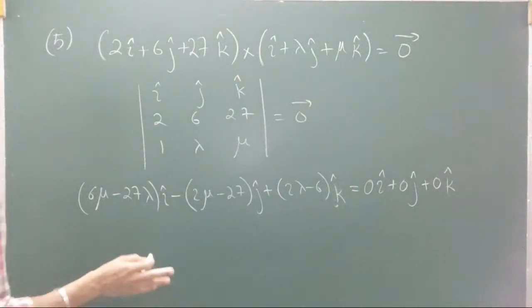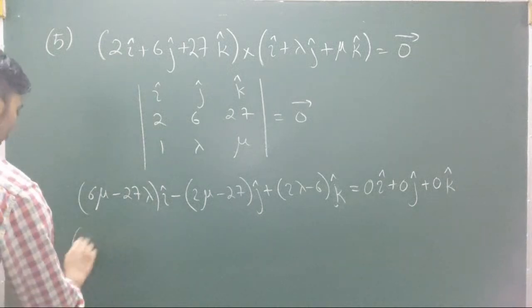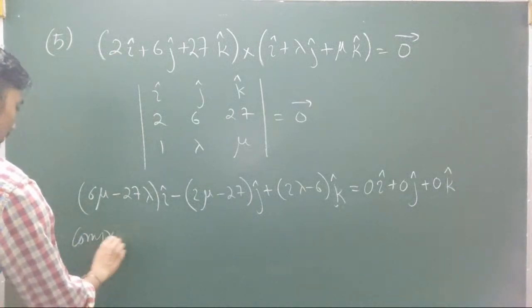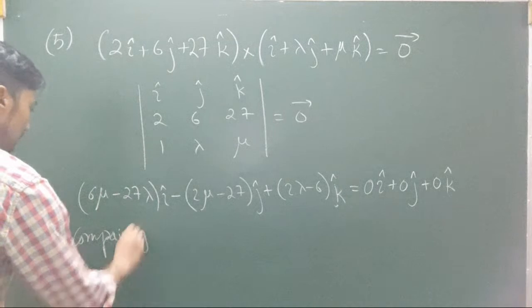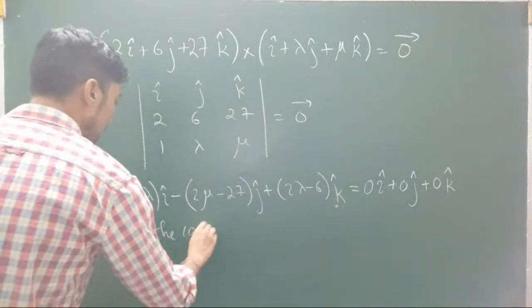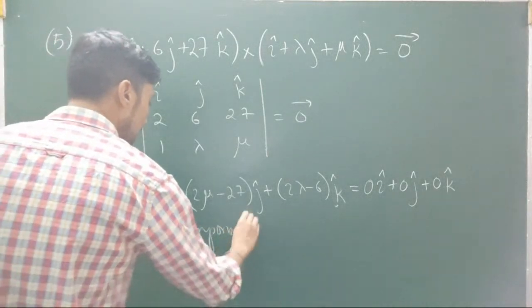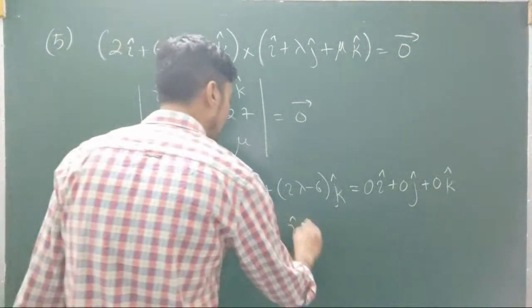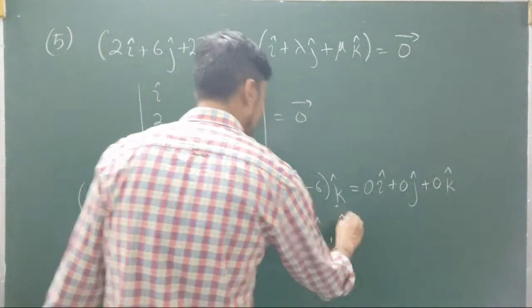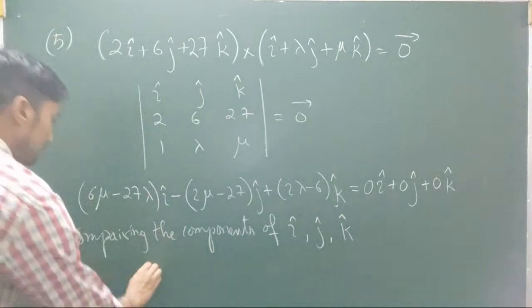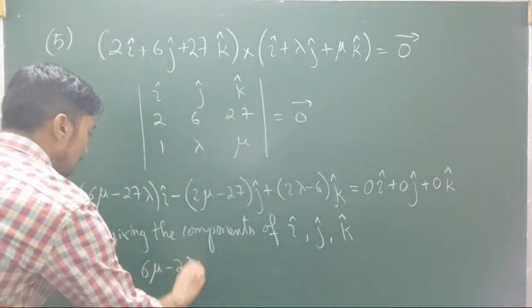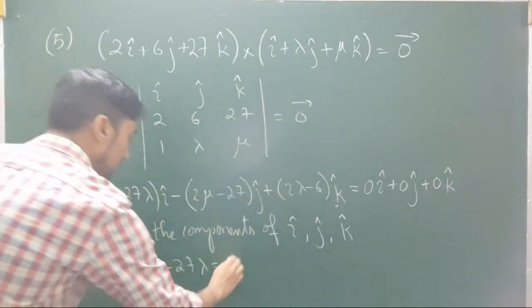Now we can write, on comparing the components of i cap, j cap, k cap: 6 mu minus 27 lambda equal to 0.